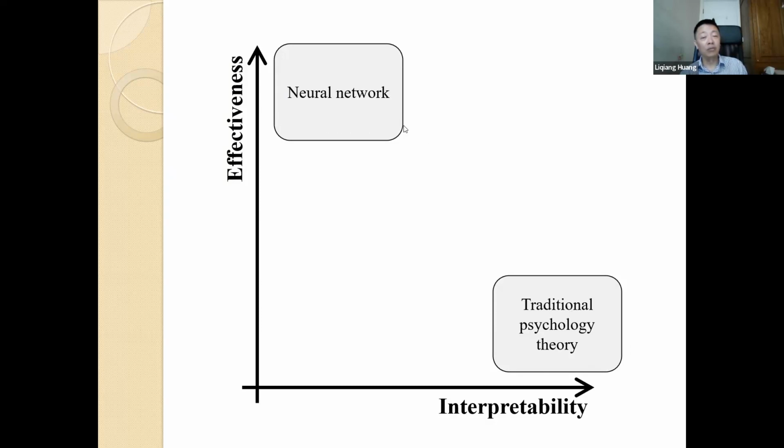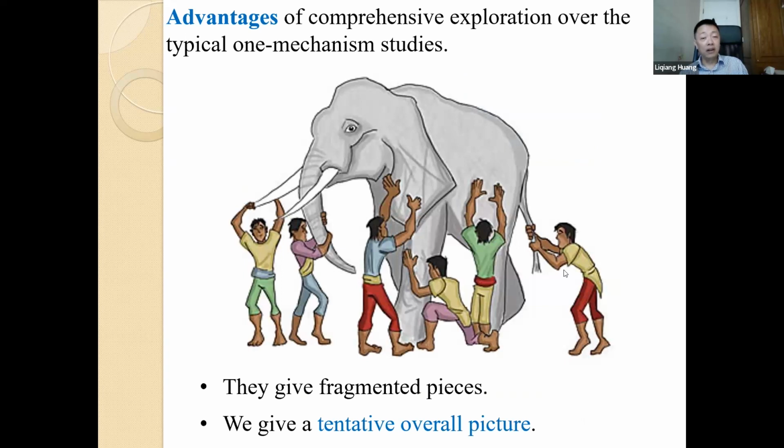On the other hand, we have deep learning face recognition neural networks that are being used everywhere, however, they're not interpretable. So in this situation, this kind of comprehensive exploration model, as I try to propose here, has its use, which is a good combination of those two.